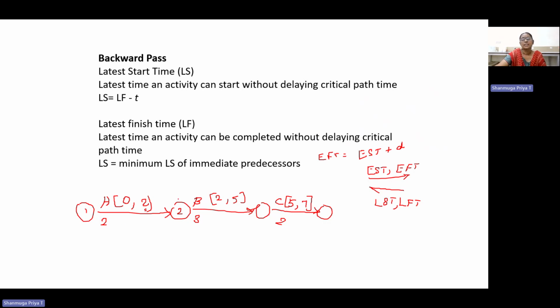In the backward pass, the first thing is the latest finish time I need to add. There is another condition for the forward pass which I will explain in the next problem. So the latest finish time is equal to 7, minus duration, which gives 5. So here 3 and 4.